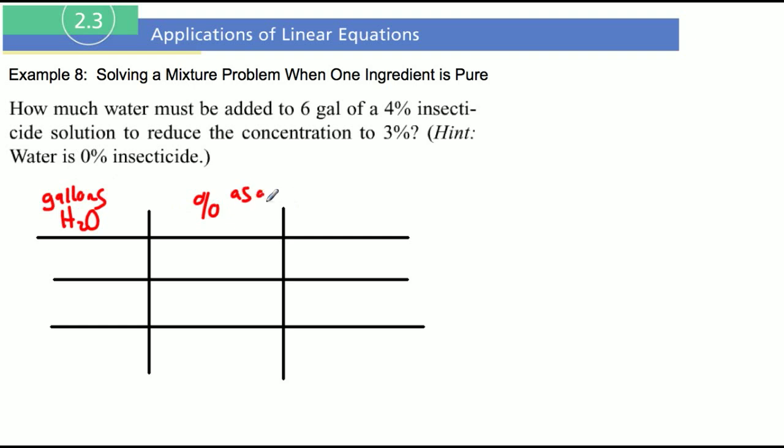I'm going to put it as a decimal, and then right here we have our gallons of pure insecticide, right? So that's when you multiply these guys right here. It's no longer water, it's no longer just insecticide, it's now the gallons of pure insecticide then.